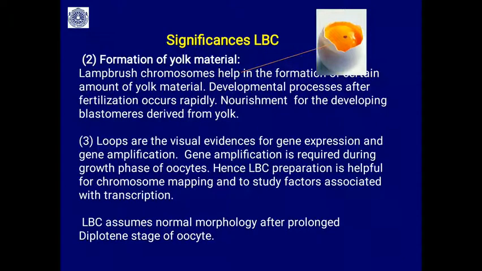Loops of the lampbrush chromosomes are visual evidence of gene expression and gene amplification. Gene amplification is required during the growth phase of oocytes. Hence, lampbrush chromosome preparation is helpful for chromosome mapping and for studying the factors associated with transcription.